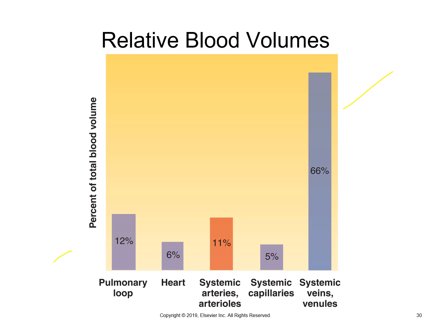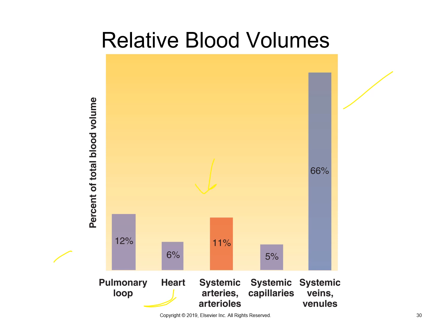So that's the blood basically traveling between the heart and the lungs for oxygenation. All right, and only 6% of the blood is in the heart at any given time, and then we have about 11% in the systemic arteries and arterioles.